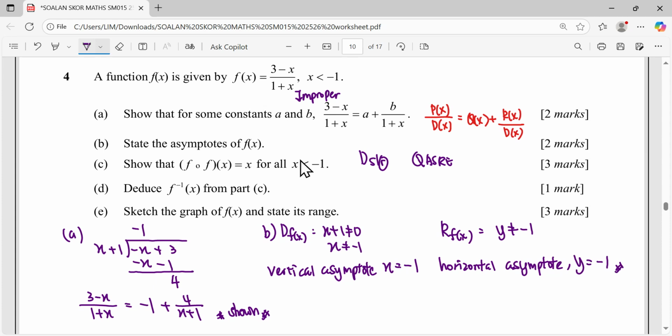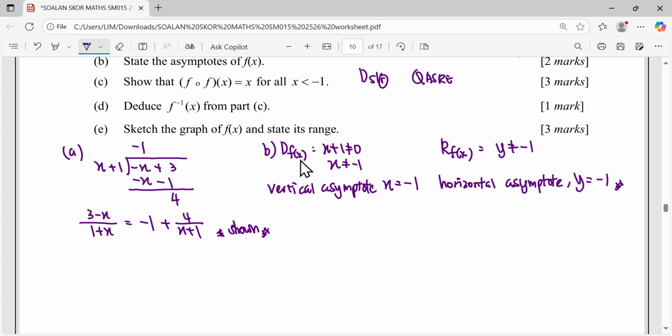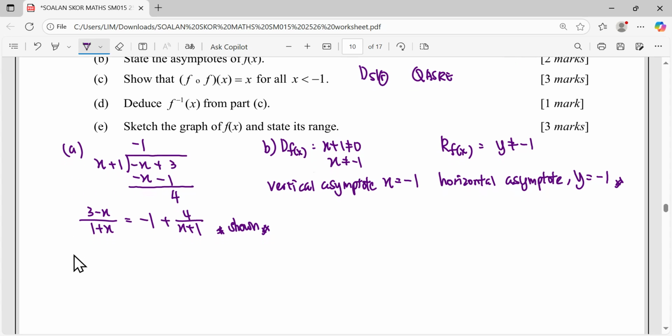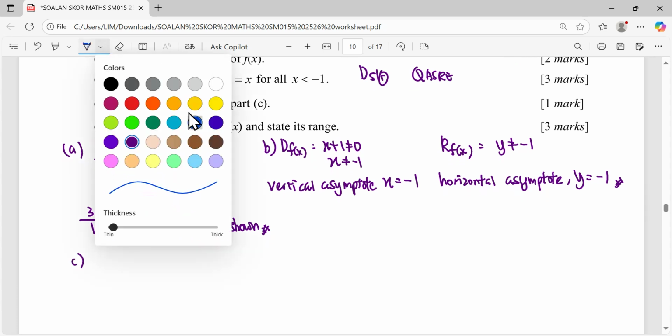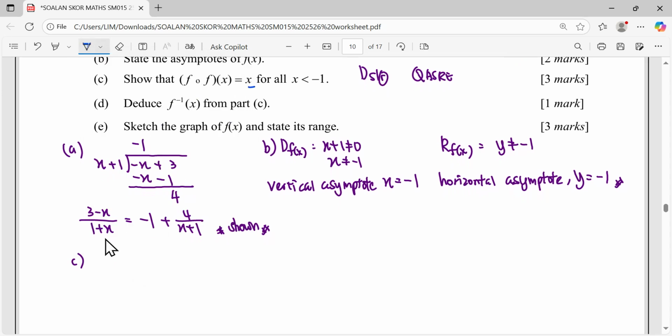Then question C, they ask us to show that the composite function f of f of x equals x. So for f of x, we substitute our f of x here: 3 minus x over 1 plus x. Or you can use the proper form, that also works.